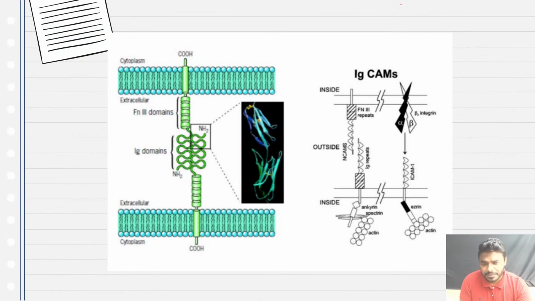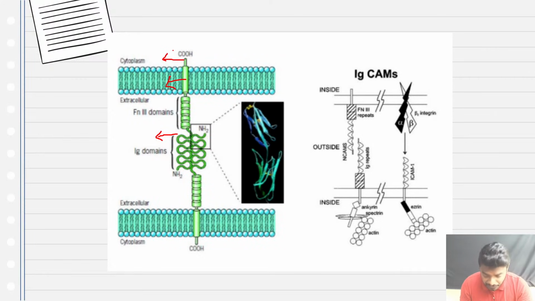Of course, if you look at the structure, it is common: a long extracellular domain, a single span, meaning it crosses the plasma membrane only one time, and a short cytosolic domain. Kindly do not get confused with this.